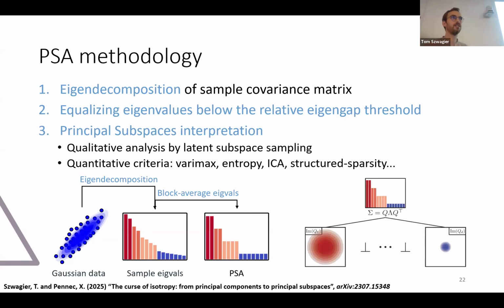A basic idea is that a subspace is nothing but a collection of vectors. So we can sample from the subspace and try to interpret the individual points we get. Or, more quantitatively, you can optimize an interpretability-related criterion, like Varimax, entropy, or independent component analysis, within the subspace by finding the optimal rotation of the principal components.